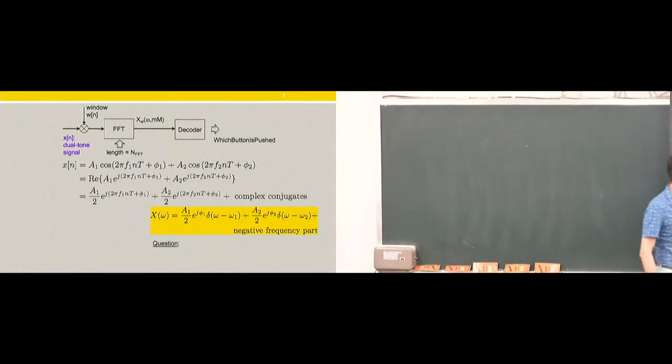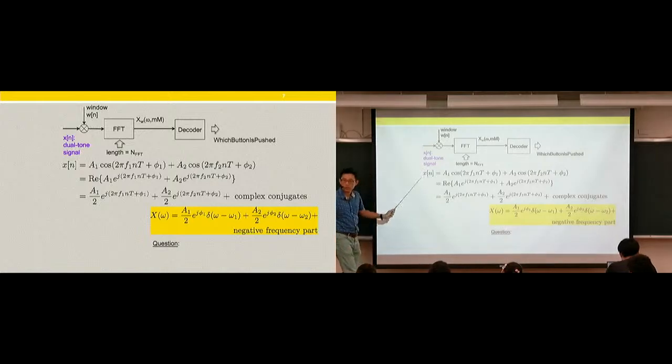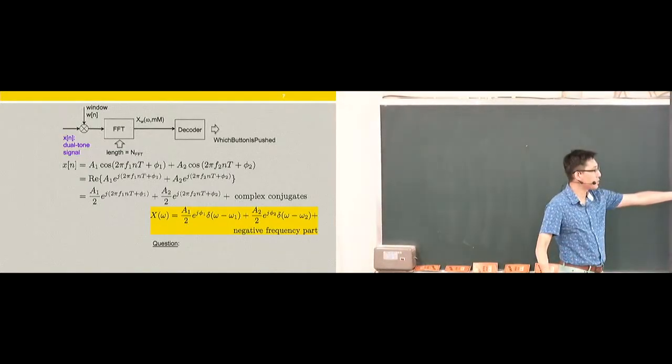So therefore, the Fourier transform, if you just go directly, by the way, we haven't applied the window yet. This is just assuming that the button has been pushed down forever. For the ideal case, that's what it means. We have a signal in time which is there forever.